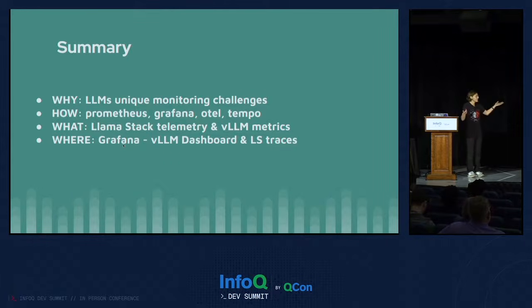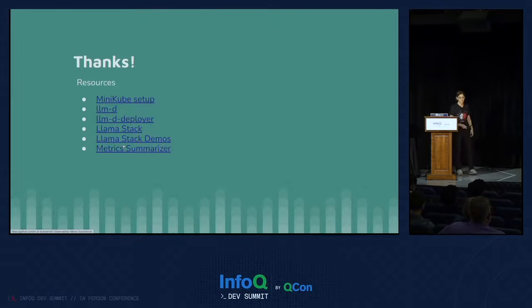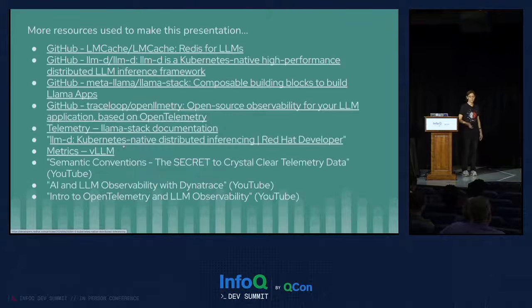The usual things: Prometheus, Grafana, OpenTelemetry Collector, and Tempo. The OTel and Tempo you maybe haven't used before. And a typical AI workload is Llama Stack and vLLM. That's what I think anyways. Awesome. So all the resources are here. These are more resources I use, but let's go back.